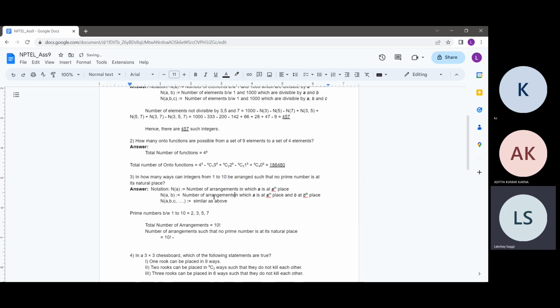Similarly, n of a comma b is the number of arrangements in which a is at ath place and b at bth place. So n of 2 is the number of arrangements in which 2 is at second place, and n of 2 comma 3 is the number of arrangements in which 2 is at second place and 3 is at third place.